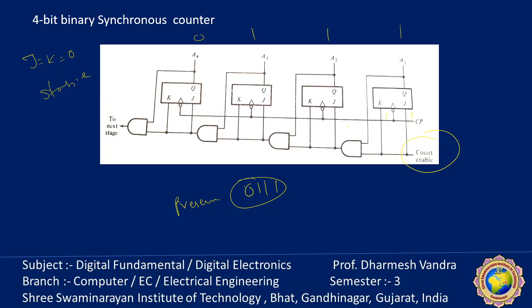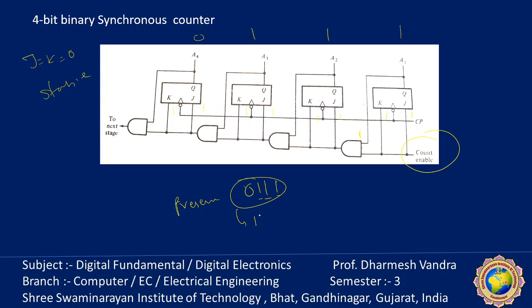If count enable is 1, and if A1 is equal to 1, then the next stage will be complemented. If the previous value is 1, then the count enable will be 1. So in each flip-flop the value of J and K is 1, and in the next state all will be complemented.